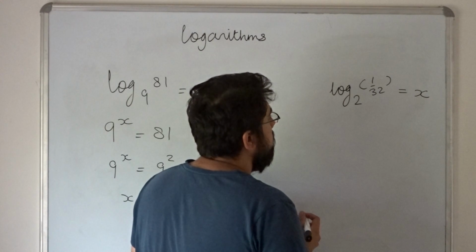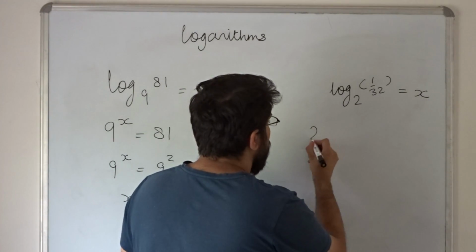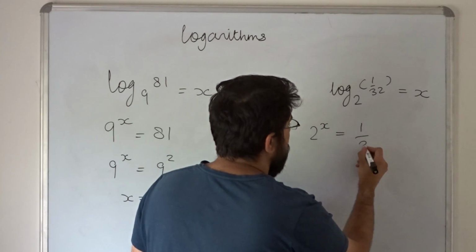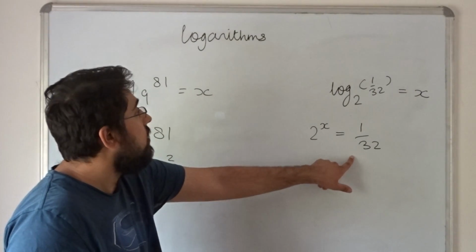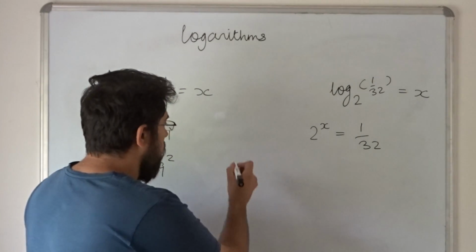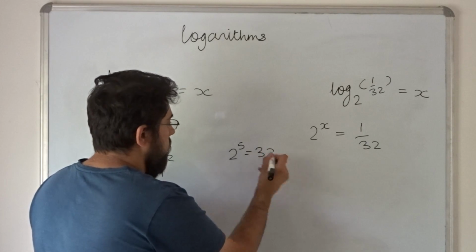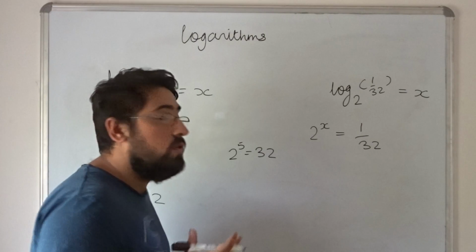So this one is a little bit tricky, okay? So you have 2 to the power x equals 1 upon 32. Now the reason why I say this is tricky is because we all know that 2 to the power 5 is equal to 32.